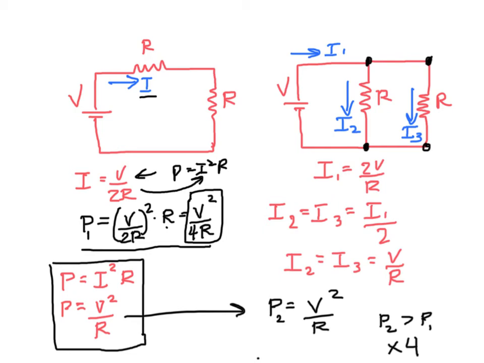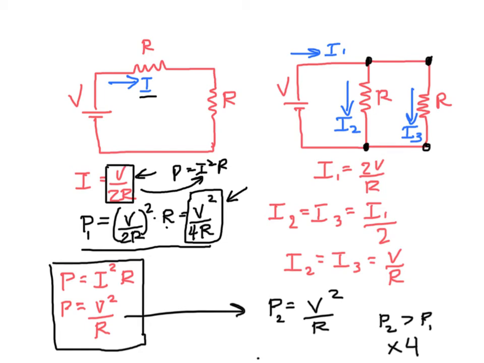Over here in the parallel circuit, I've got a little different situation. Actually, I'm sorry, this is the power dissipated in each one of those resistors. So the current passing through each resistor is V over 2R.